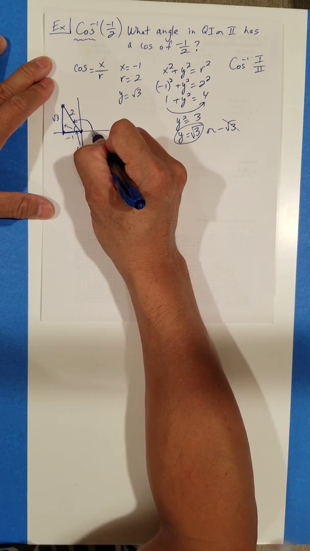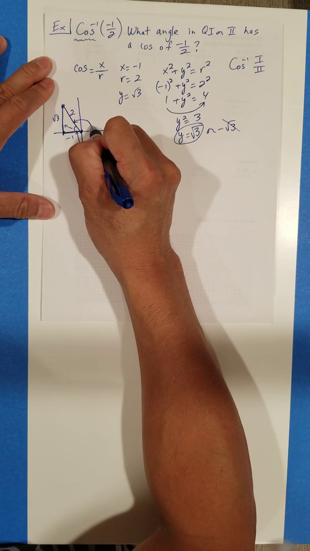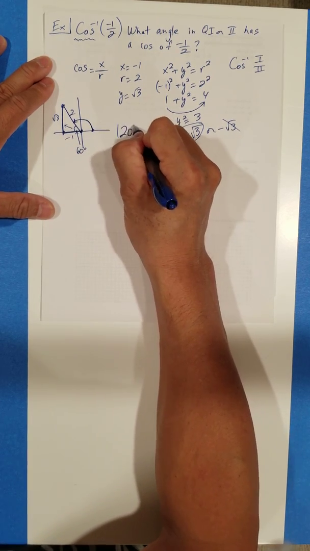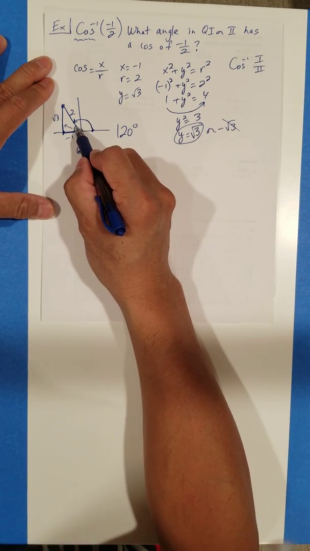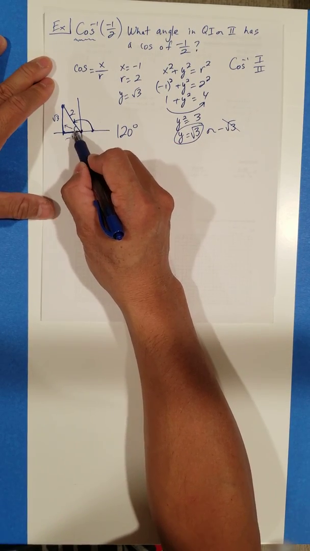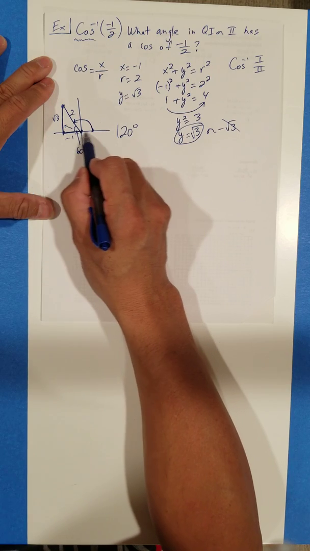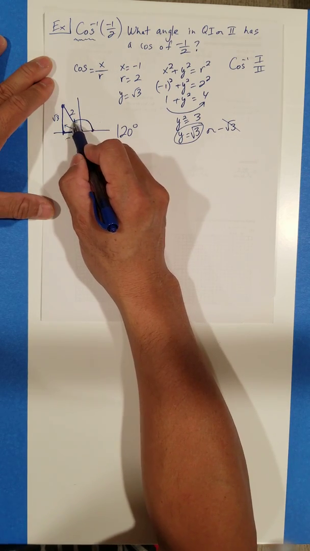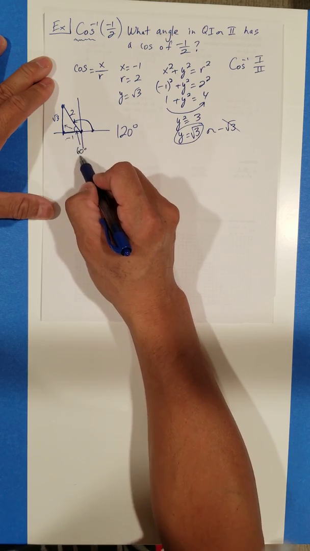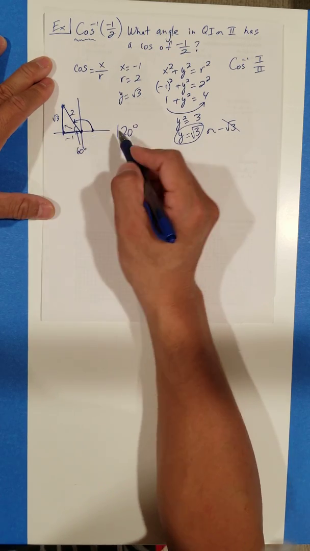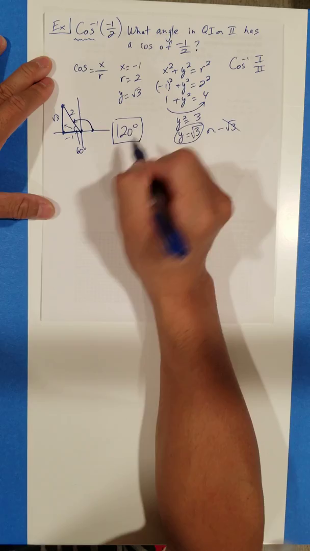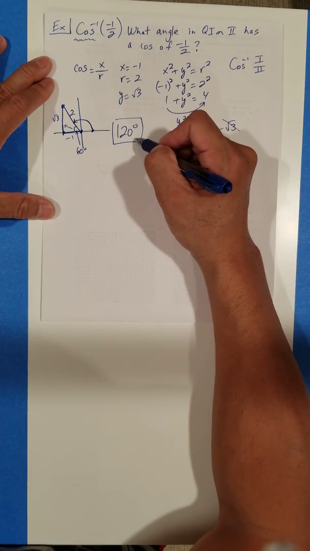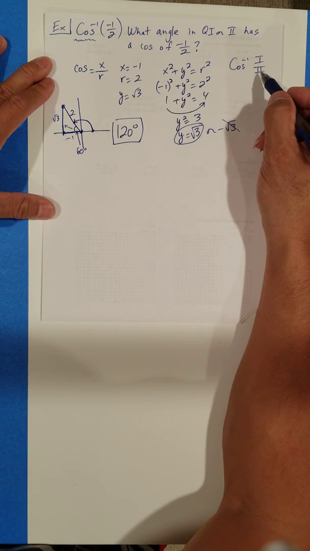If you start from the right hand side and you swing it over, this angle is 120 degrees, because 60 degrees is inside, and if you go straight across, it'll be 180 degrees. So you stopped at 120 because 60 more would make it 180. So your answer is 120 degrees. Remember, we're in quadrant 1 or 2, so 120 is in quadrant 2, so that's your answer.